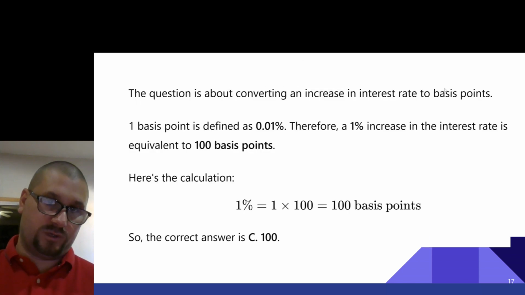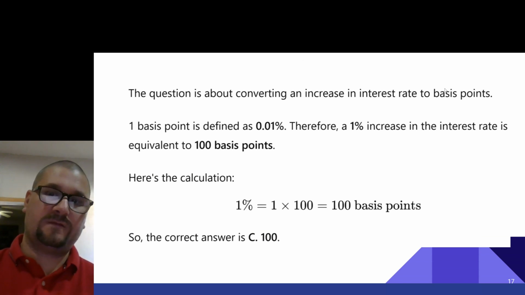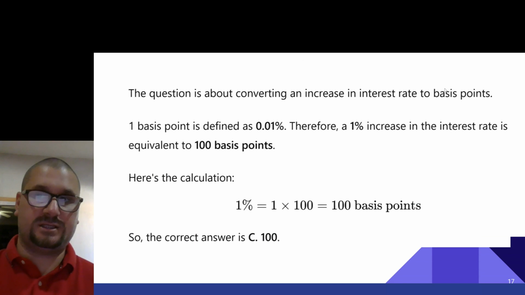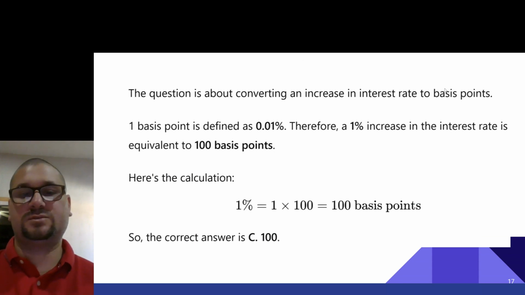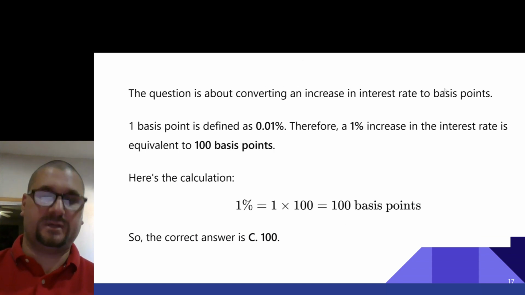One basis point is defined as 0.01%. Therefore, a 1% increase in the interest rate is equivalent to 100 basis points. So 1% is 1 times 100, which is 100 basis points.